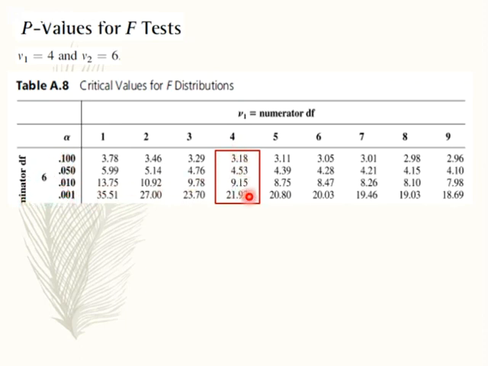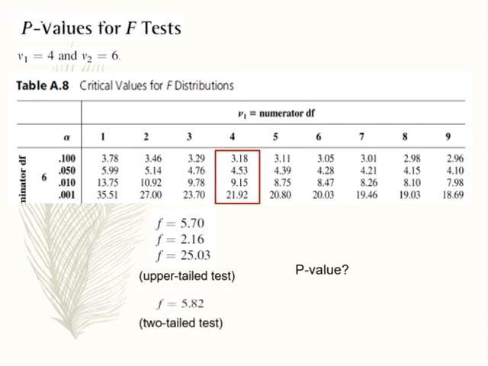So that's the column of interest. Suppose we had these test statistic values and we're doing an upper tail test. We want to find out what's the p-value. And then we'll also, what if it's a two-tail test? Let's have a look and see how we're going to do that. So what I'm going to do is I'm going to take these values and then put them in a little graph so you can see how it's going to work.